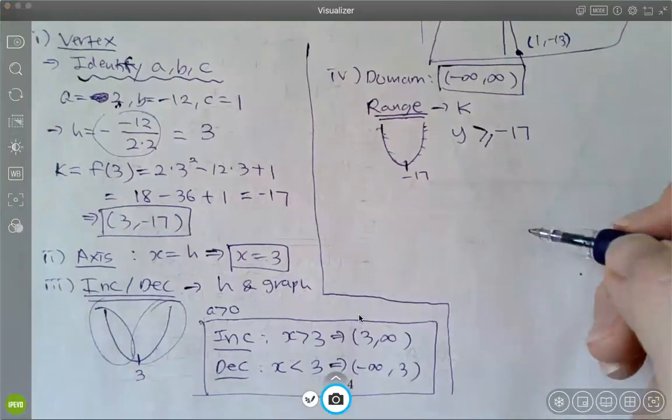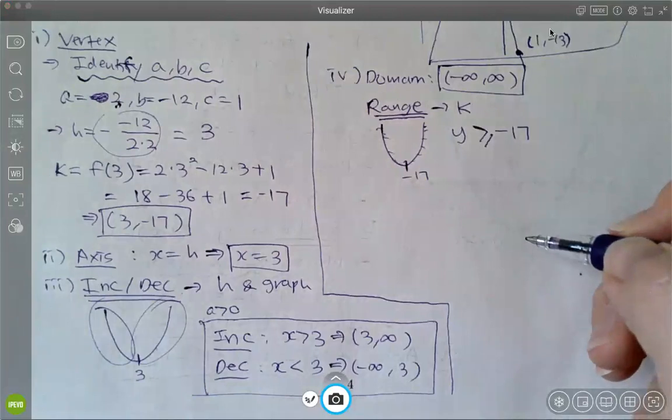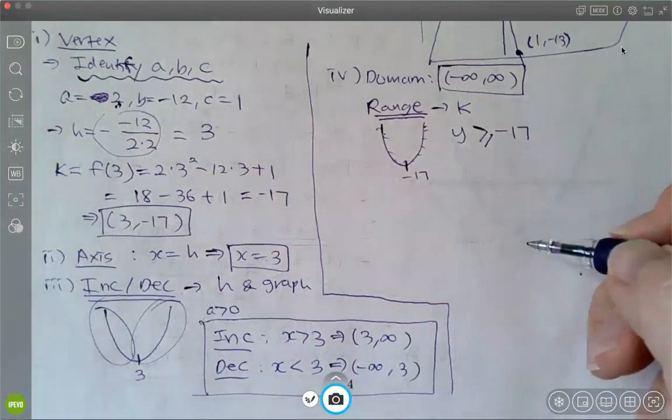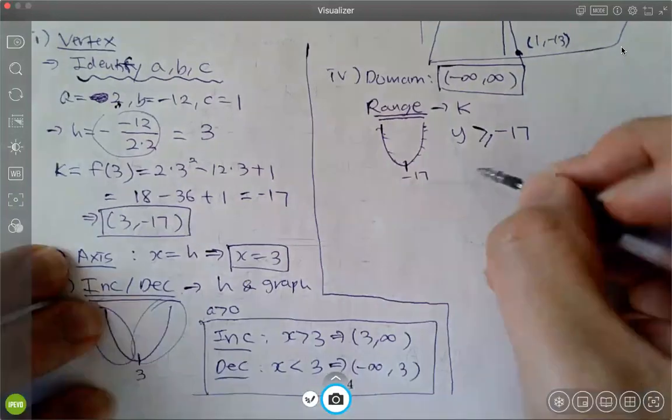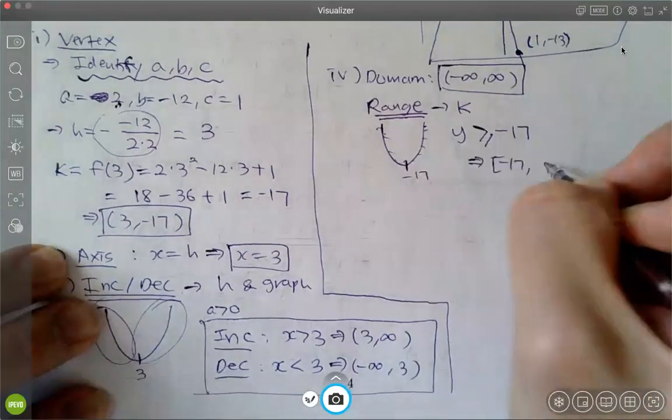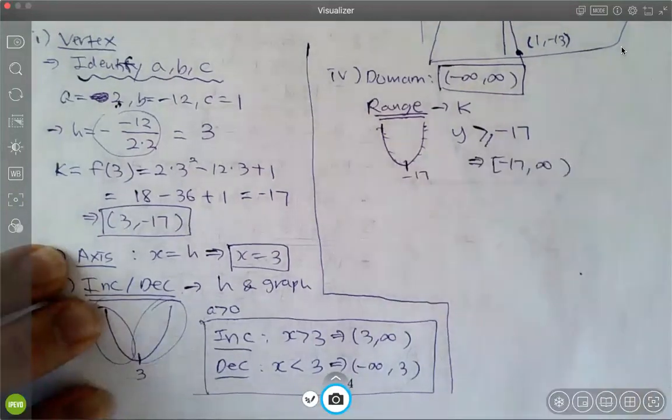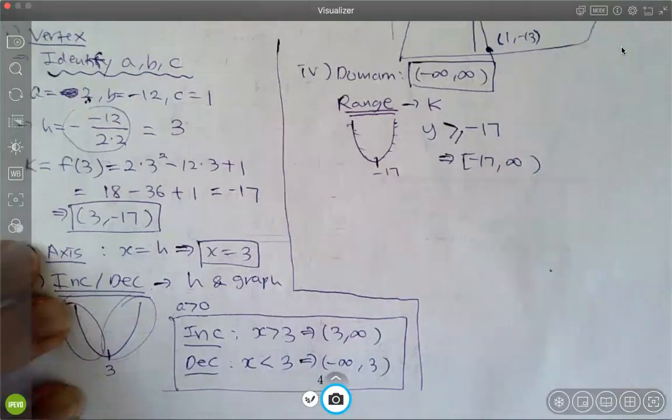Bracket negative 17 comma infinity, right? Okay. So remember, for the range, there will be a bracket.